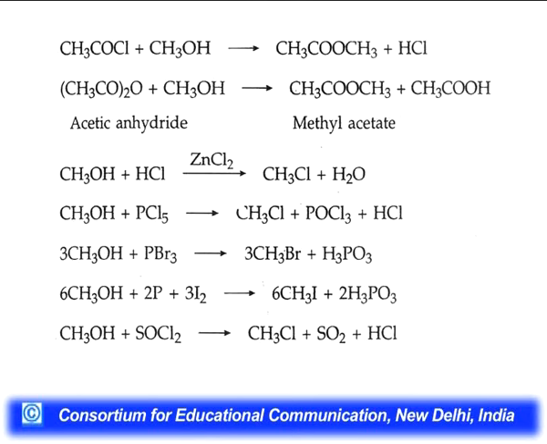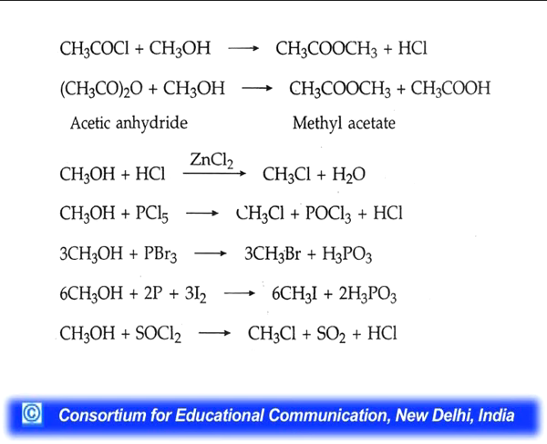More reactions: when methanol reacts with acetyl chloride, again methyl acetate is the product; when it reacts with acetic anhydride, also. Then methanol, when it reacts with HCl in the presence of zinc chloride, will give chloromethane. When it reacts with PCl5, phosphorus pentachloride, again the same product along with POCl3.